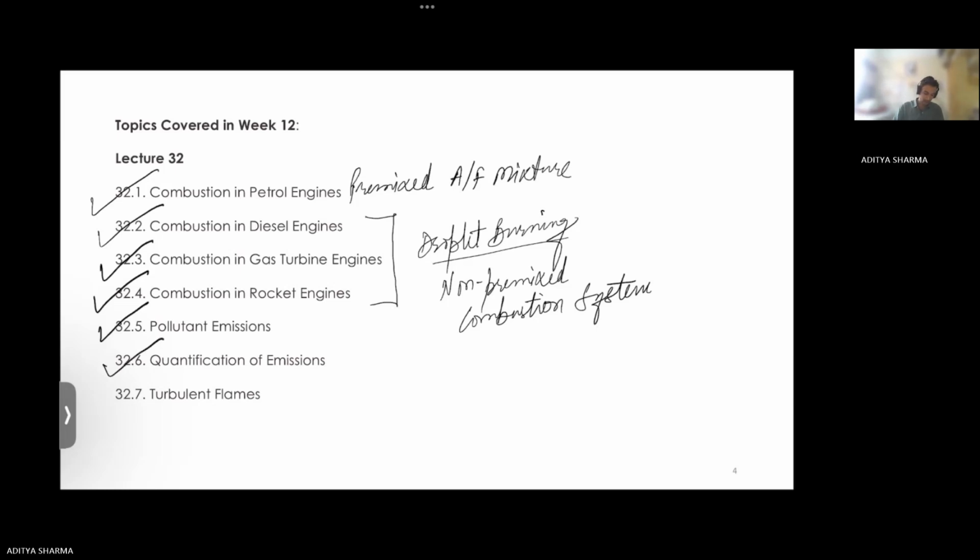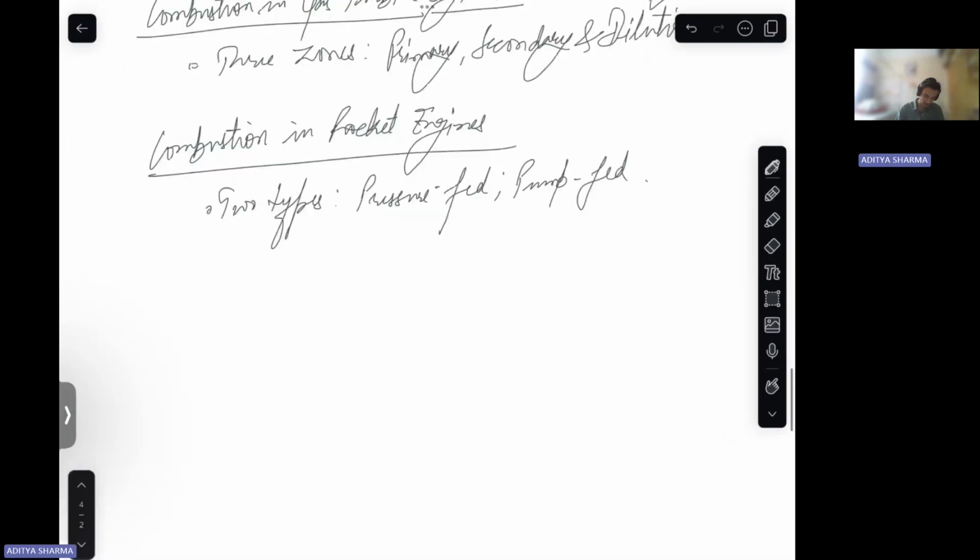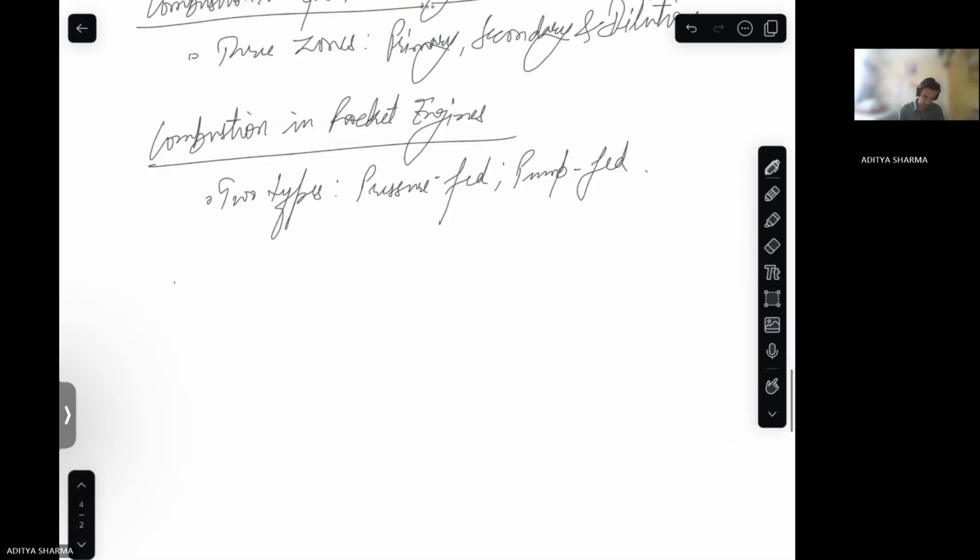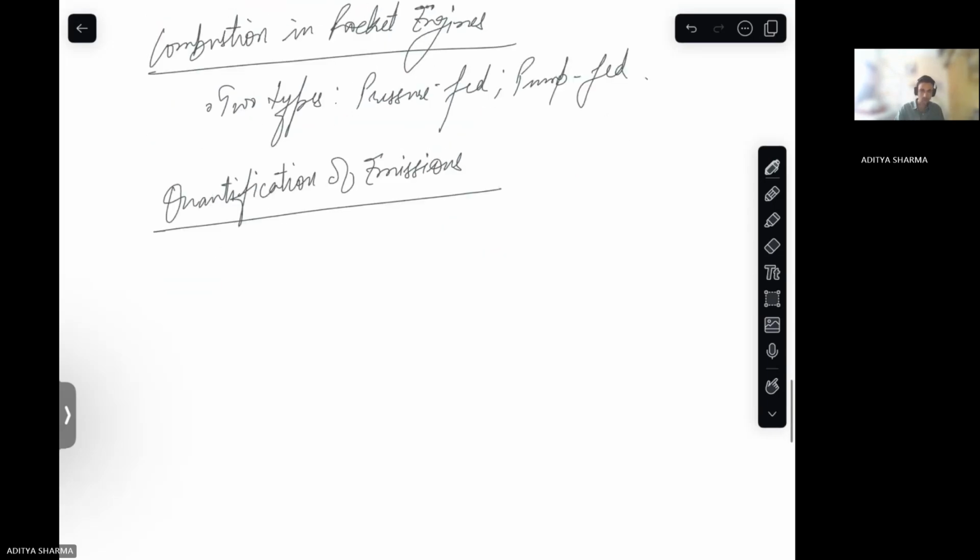Then comes the quantification of these emissions. How do we quantify the emissions? There is an index called EI, the emission index.